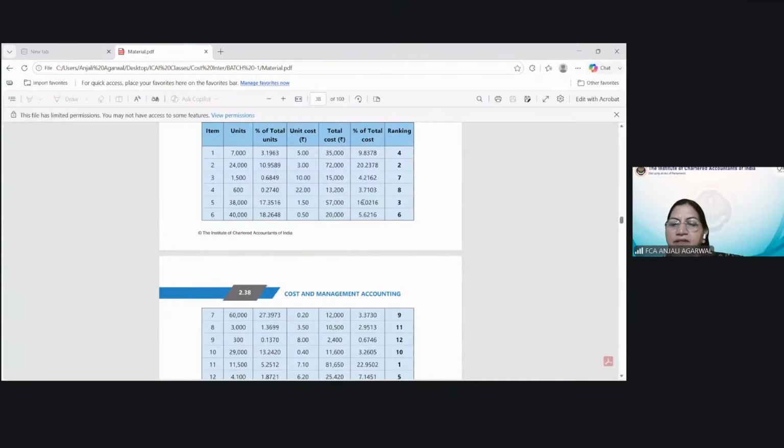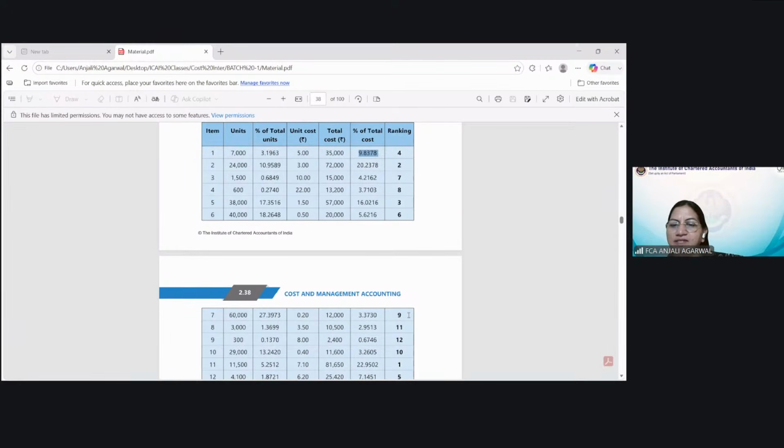Then when I add up rank 3, 43 plus 16, 59-60% roughly. And if I add another 4, I'll add this also. So around 70%. So items number 5, 2, 11, and 1 are categorized as category A.